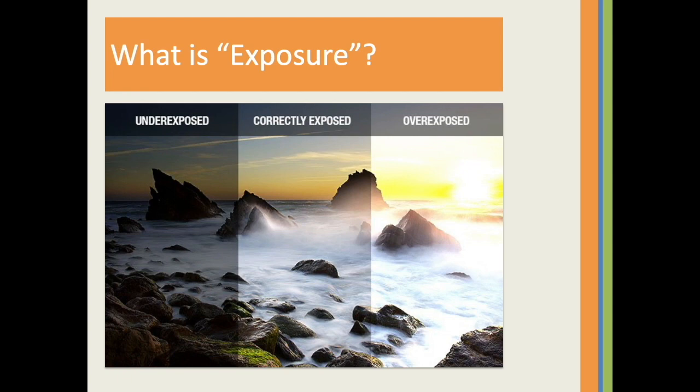On the right-hand side, we have an overexposed image where the highlights have lost details. And when we lose detail in the highlights, they are very hard or impossible to retrieve in the editing software. So these are very important notions to remember. Correctly exposed, underexposed, overexposed.